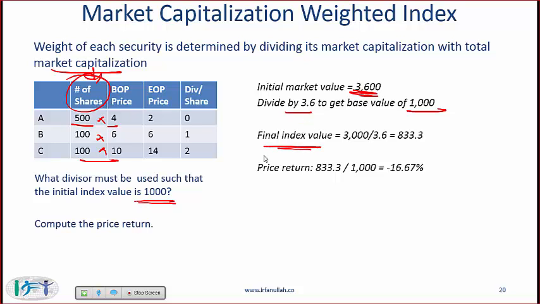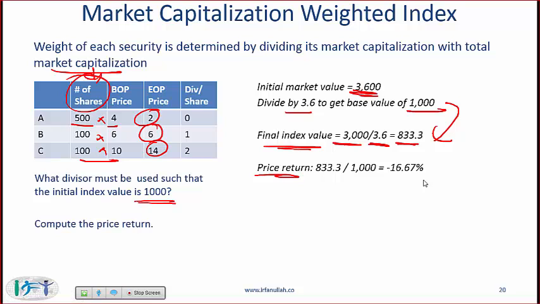Now, what is the final index value? If these are the prices at the end, and we assume that the number of shares outstanding is not changing, then at the end of the period, the total market cap of the 3 shares is 3,000. You have to divide by the same number, 3.6, and you get 833.3. So what has happened to the index? It's gone down.